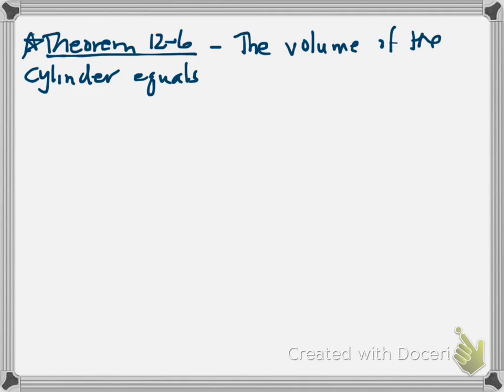What was the formula for the volume of a prism? Area of the base times the height. So what's the area of a circle? Pi r squared. So that's what's going to take the place in this one. It equals the area of the base times the height of the cylinder.